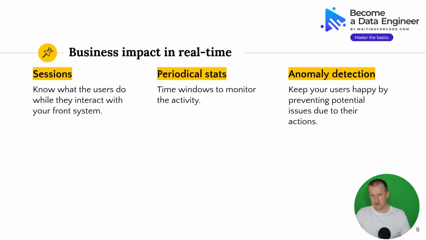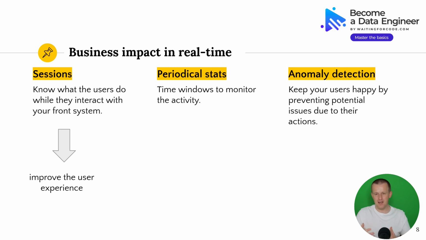So here are just 3 simple examples that you may implement on your own, and for each one we have some purpose. When you compute the user session, so how the user behaves or interacts with your application or website, you can improve the user experience, because you can understand, for example, that users accessing some page or clicking on some button suddenly leave your product.